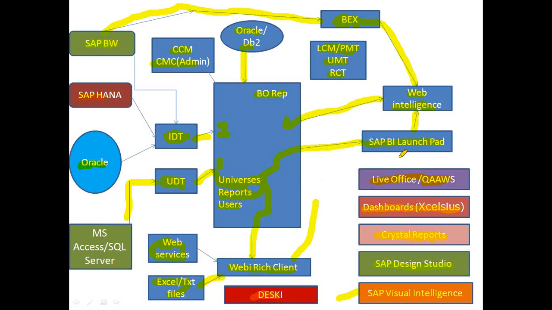In that case, Desktop Intelligence is no longer available in 4.0, so we can convert the Desktop Intelligence reports into Web Intelligence format. We need not recreate these reports in 4.1. We can convert them by using the report conversion tool, which we are covering in our regular session.